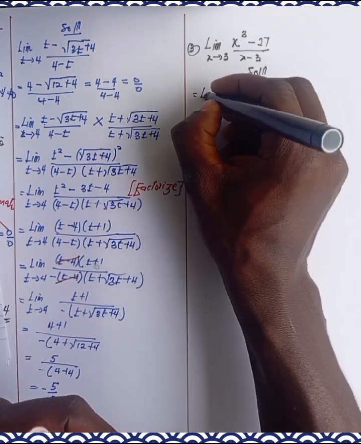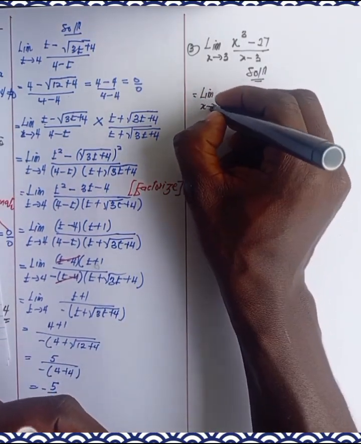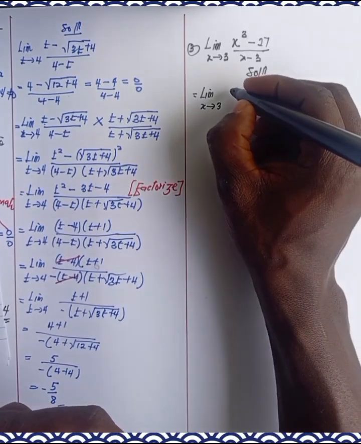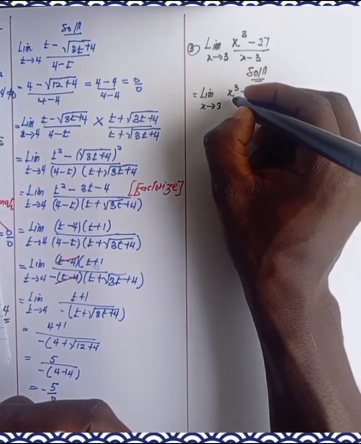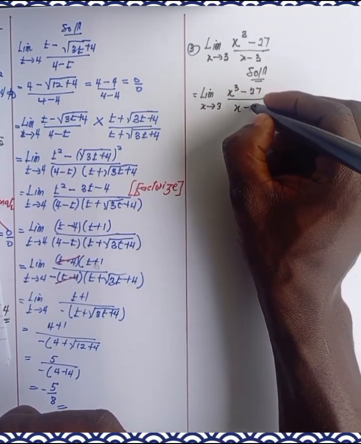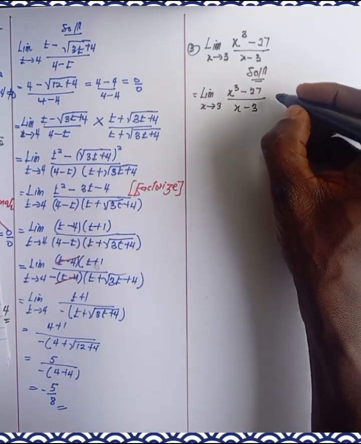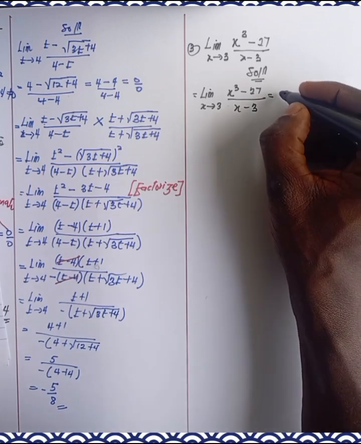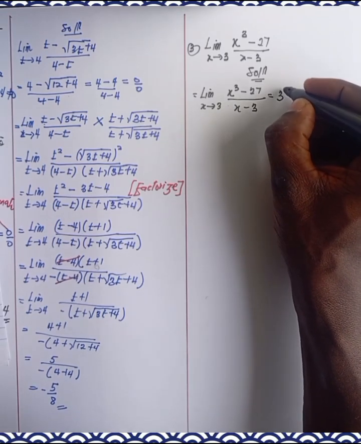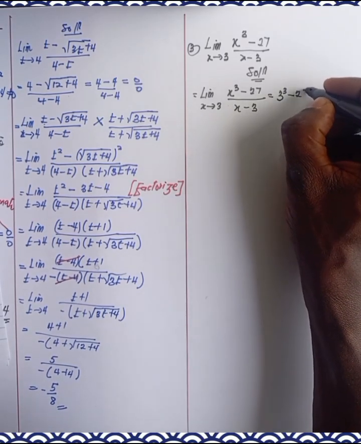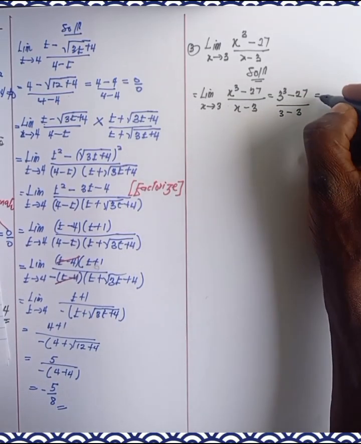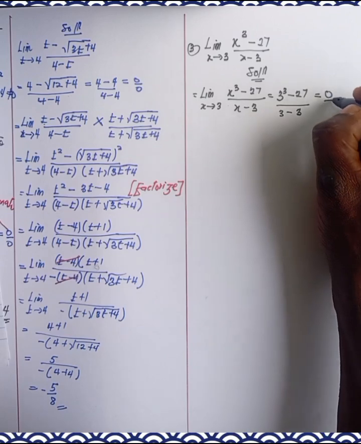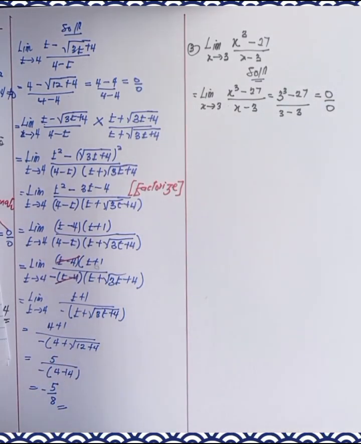So we have the limit as x approaches 3 of (x cubed minus 27) all over (x minus 3). With that substitution, we are going to get (3 exponent 3 minus 27) all over (3 minus 3). And this is giving us what? 0 over 0. That is the indeterminate form.